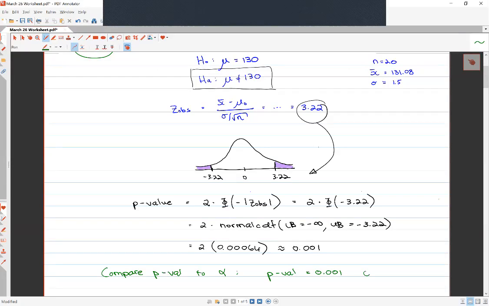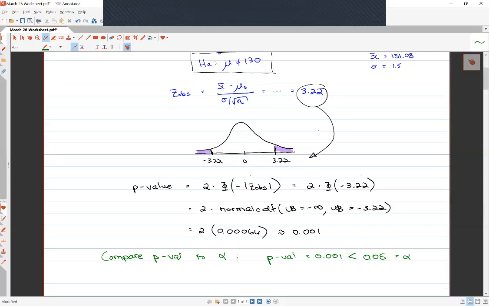If we compare that to the stated alpha, which in this case is 0.05, the p-value is less than alpha. Small p-value, as I said in the recorded lecture from yesterday, means small probability that the null hypothesis is true. If we're associating a small chance with the null hypothesis being true, that means we are going to reject the null hypothesis.